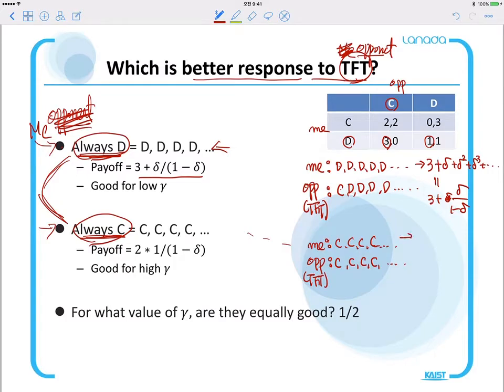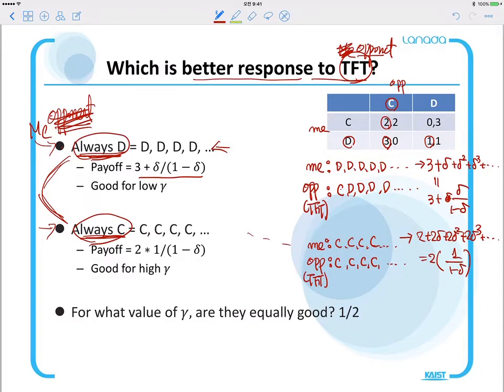Now the payoff at CC is 2. So it's 2 plus 2 delta plus 2 delta square plus 2 delta cube and so on, and that is 2 over 1 minus delta. Is that right?